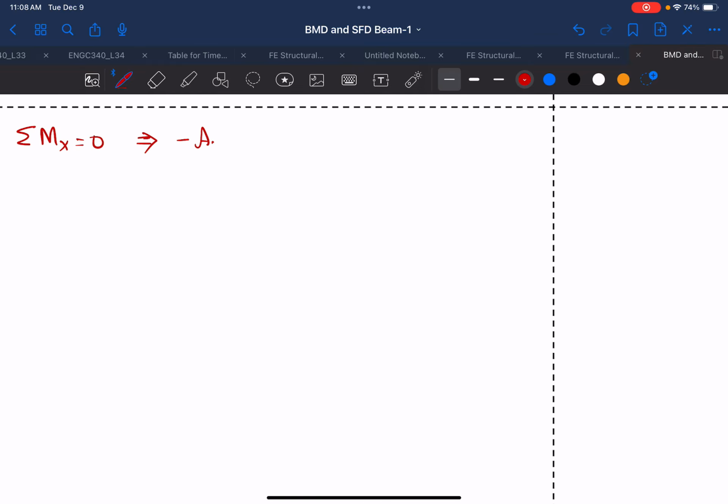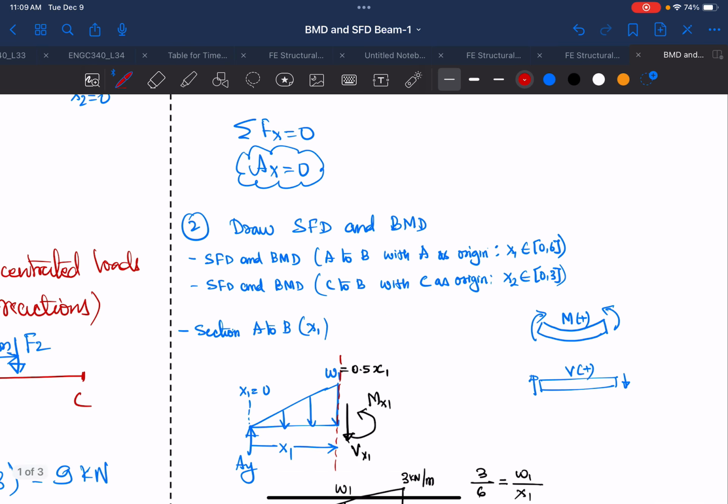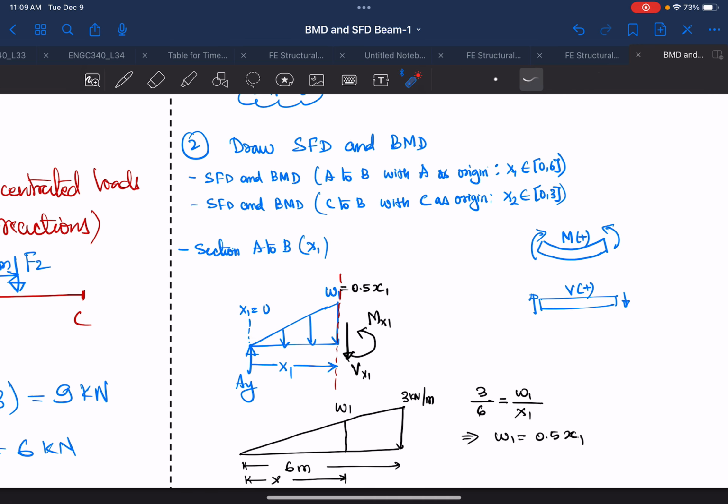You'll see that it'll be Ay into x1, which will be clockwise, so negative, plus, and now for this one, we are considering only this area. So we know that the force will act around here, and the CG of the force will be at this distance.